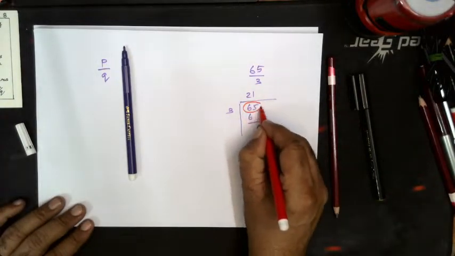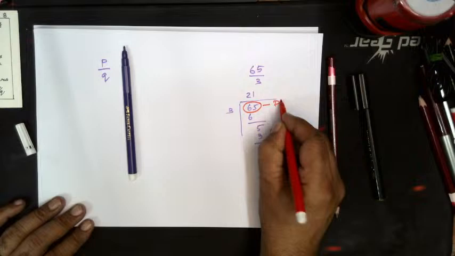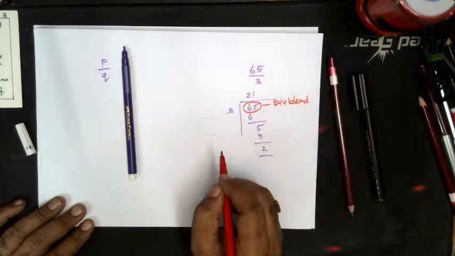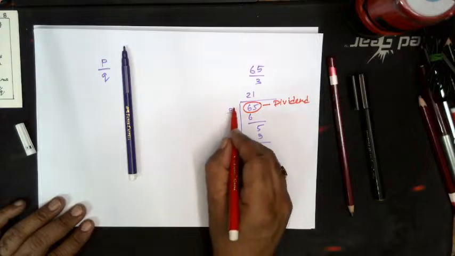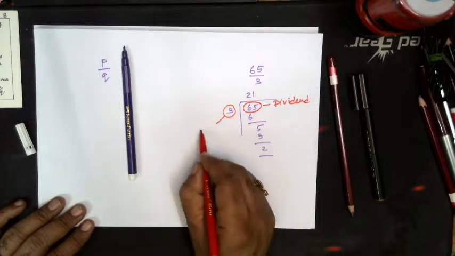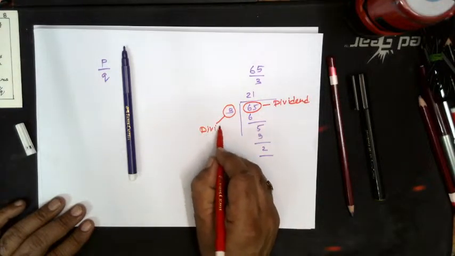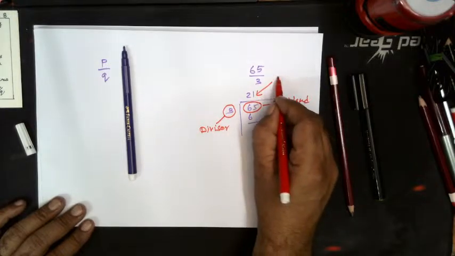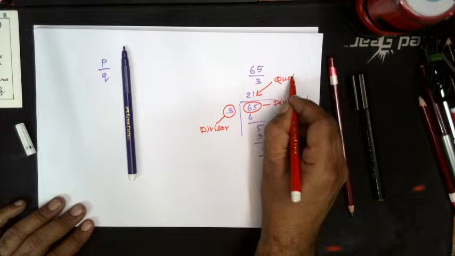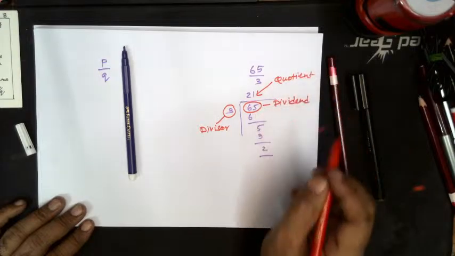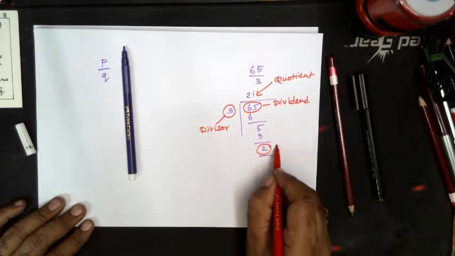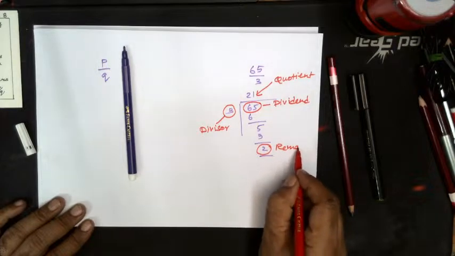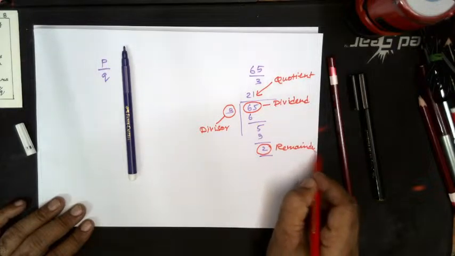This number is called the dividend. What do you mean by dividend? The number that is to be divided. And this is called the divisor. And this is called the quotient. And this one is the remainder. Not reminder, remainder. Right?